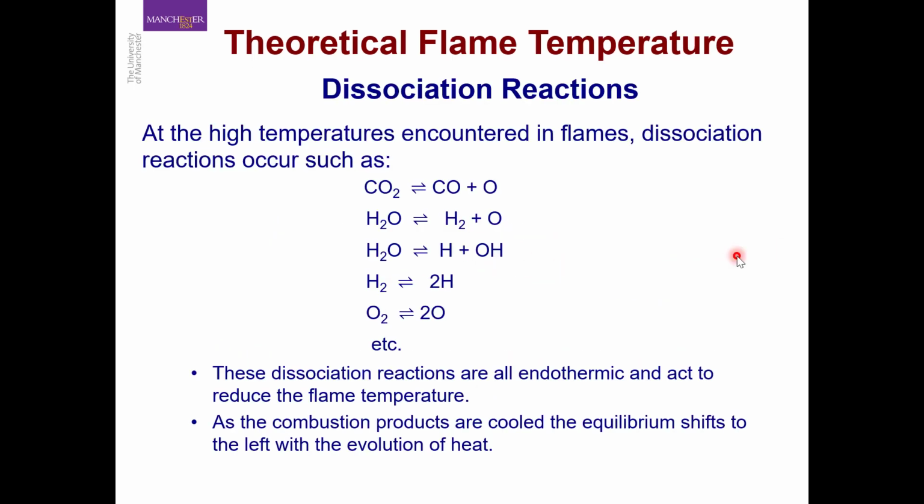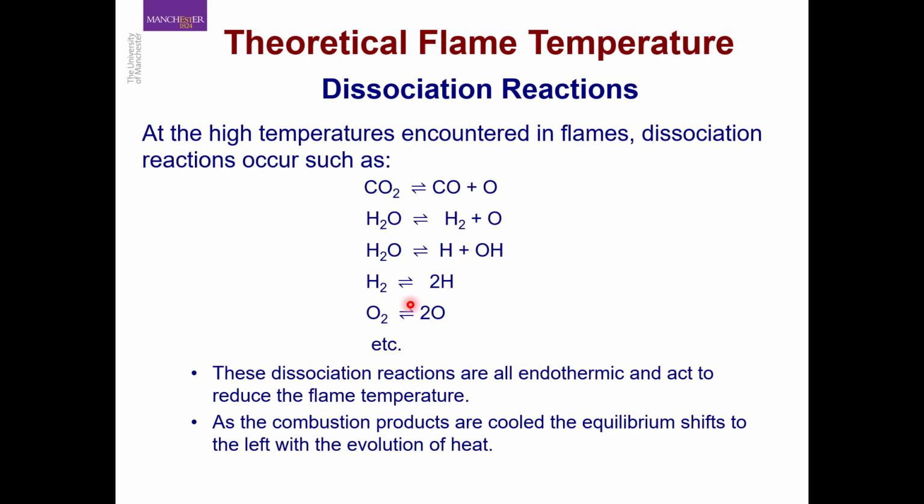and as such they are going to reduce your flame temperature. So what kind of dissociation reactions can you have inside your furnace? For example, because of very high temperature, the components of your flue gas can break down. So you have CO2 that can break into CO and oxygen, and water that can break down into hydrogen and oxygen, and several other dissociation reactions.